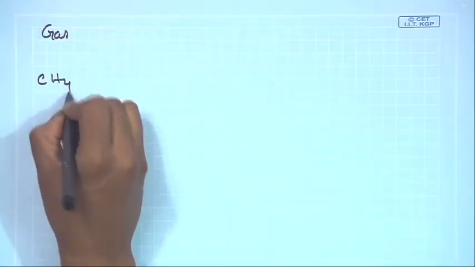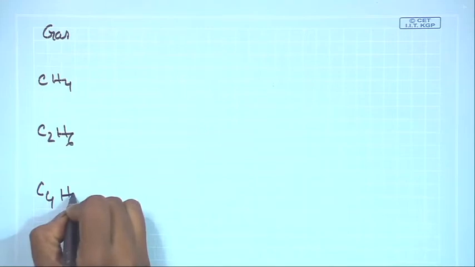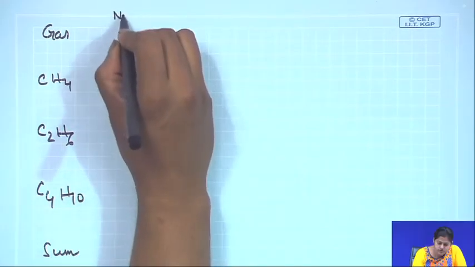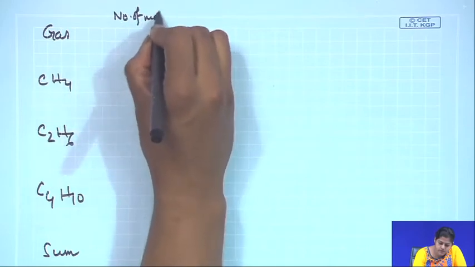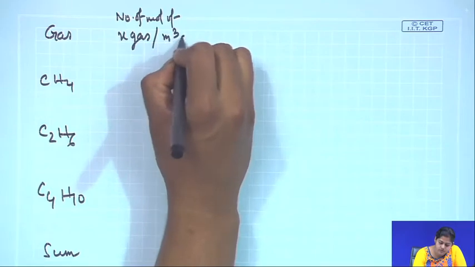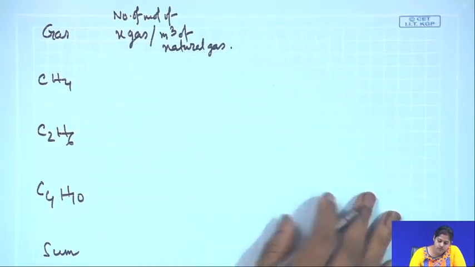So, now in the next step we will calculate the number of mole of X gas. So, again we need to write these gases CH4, C2H6 and C4H10, and there is the sum. So, number of mole of X gas per meter cube of natural gas. How we will calculate this?